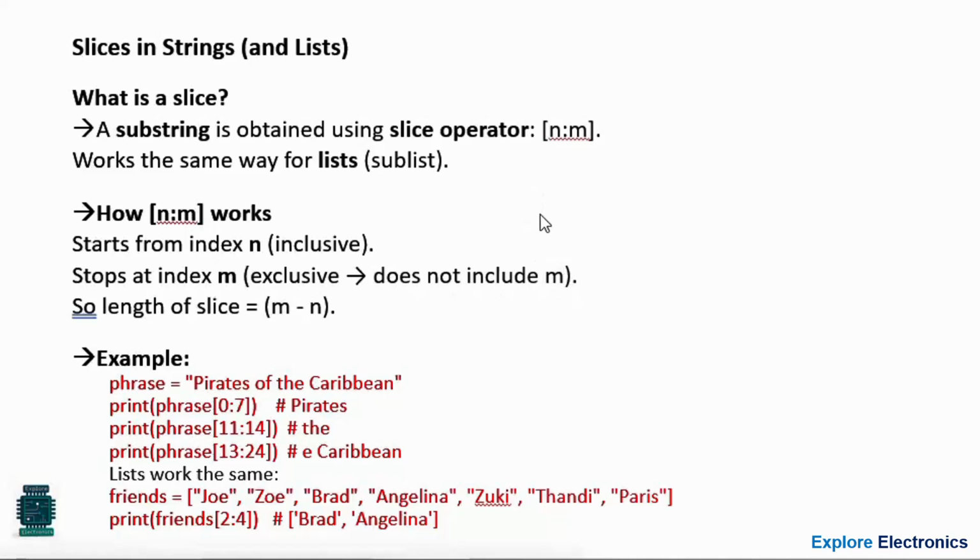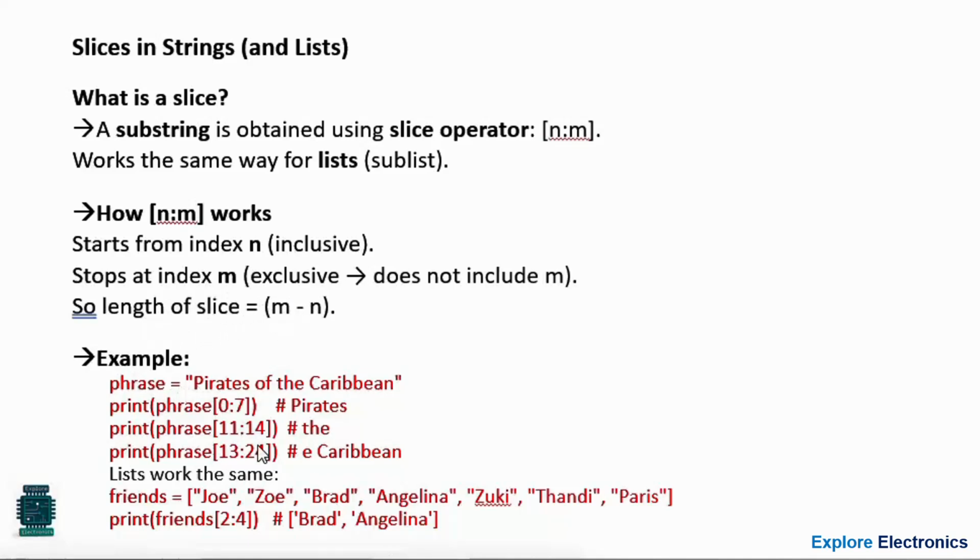I have told you in the previous example that if the length of the string is 6, I have to take from 0 to 5, 6 is not there. Here also it is the same. m should not be included. Here the length of the slice is m minus n. If I do m minus n, I will get the length of the slice.